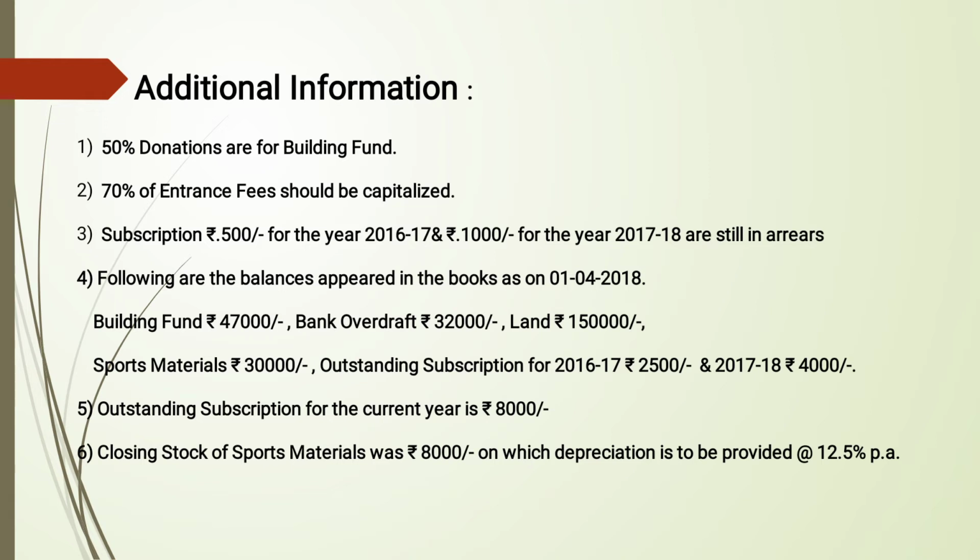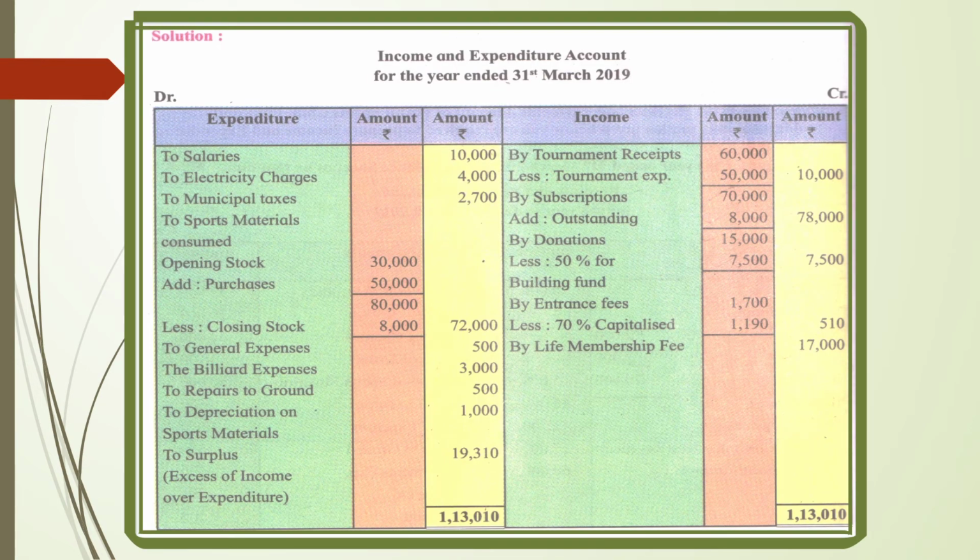So 500 is still in arrears, and in 17-18 the amount in adjustment number 4 is rupees 4,000, but on the receipt side this is mentioned as 3,000. So 1,000 is still in arrears, meaning in this year these subscriptions are outstanding.